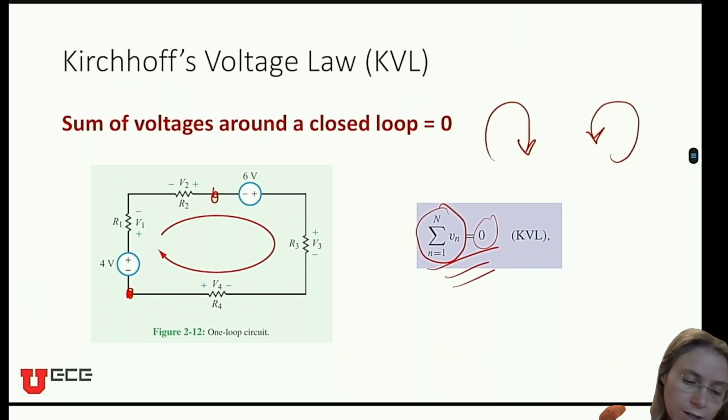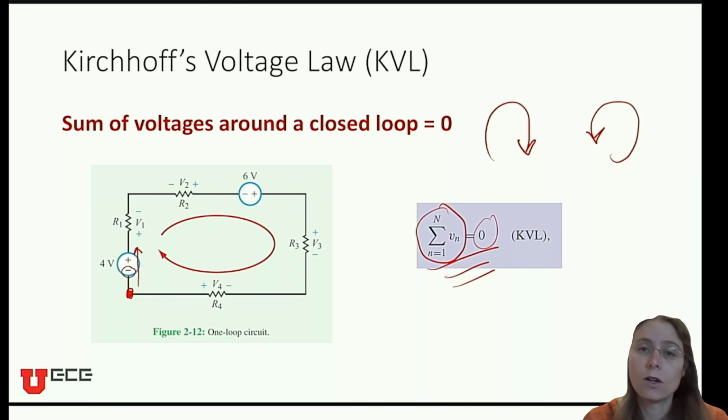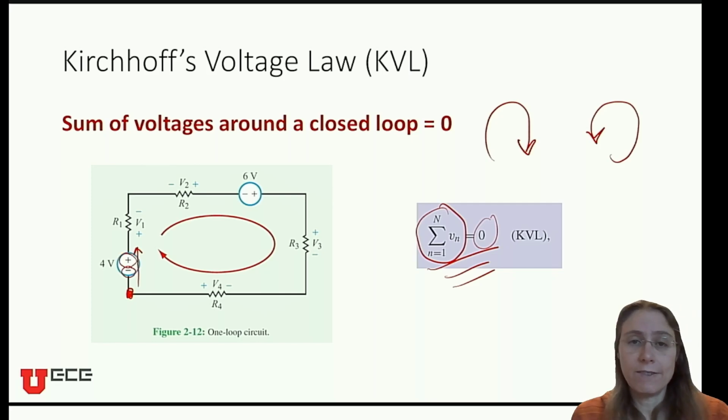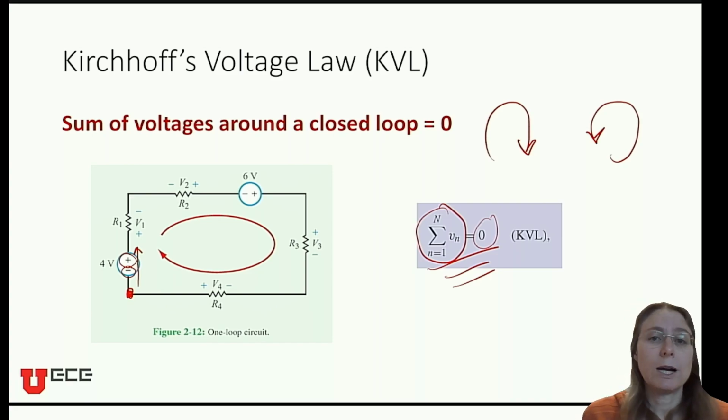The other decision you have to make is, as you go through each device, are you going to look at the sign as you enter the device, or are you going to look at the sign as you exit the device? I think there are advantages to each approach, and you can choose which one to use as long as you're consistent. If you look at the sign as you leave the device, that gives you a better idea of what's consuming power or producing power in your circuit.